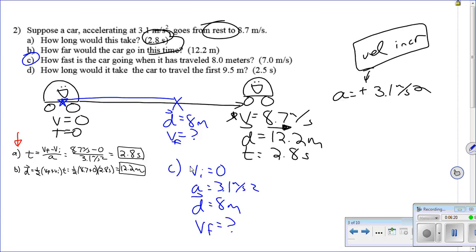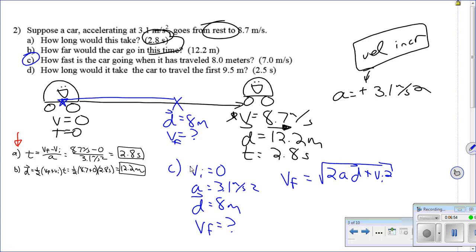So we've got to pick an equation, not one that uses all four of those variables, but those are the variables we have to work with. I noticed that I don't know the time, and I don't see an easy way to find it. So when that happens, you should look in the direction of the vice grip. The vice grip tells us that we can find VF by doing the square root of 2 times the acceleration times the displacement plus the VI squared.